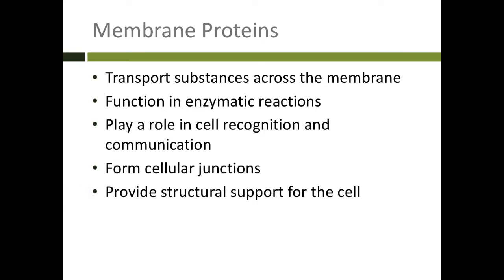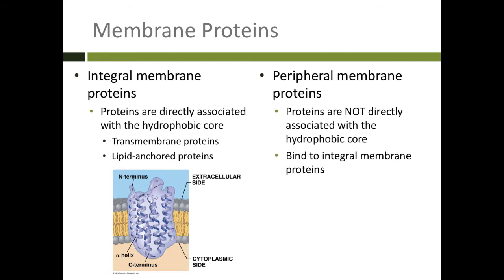There are two different categories of membrane proteins, and it depends on where they are in the plasma membrane. Integral membrane proteins are associated directly with the hydrophobic core, where the hydrophobic tails are. There are two types. One is a transmembrane protein. This is a protein that goes all the way through from the extracellular side to the intracellular side. Sometimes they can go across several times, and we call those multipass proteins.